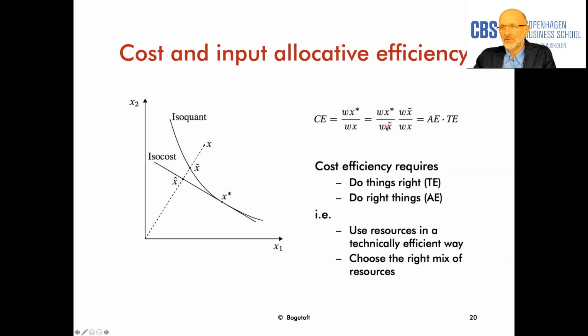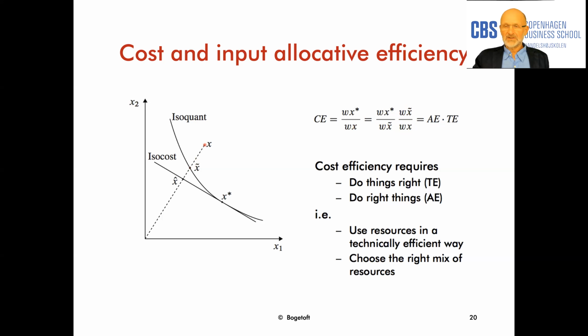If you divide by the cost of X tilde, and then multiply by the cost of X tilde again, they cancel out, and you're back to the original one. But this is an interesting concept, because what is it really? Well, you see that the last bit here is the cost of this point divided by the cost of this one here. As I say, that's actually technical efficiency.